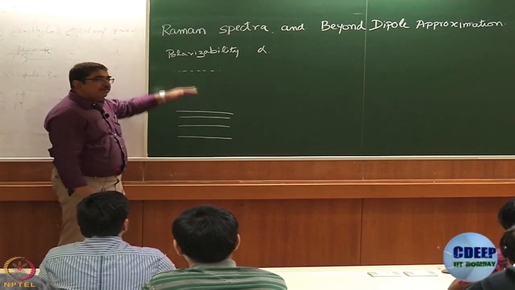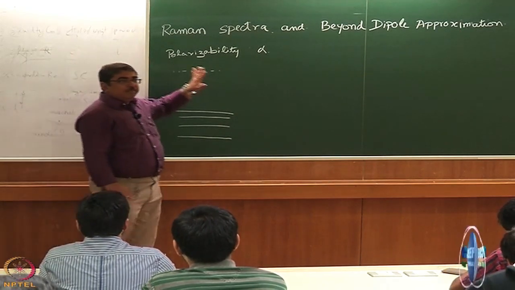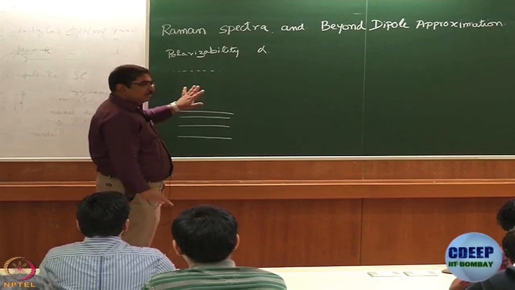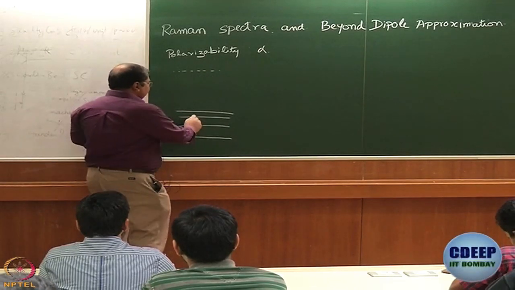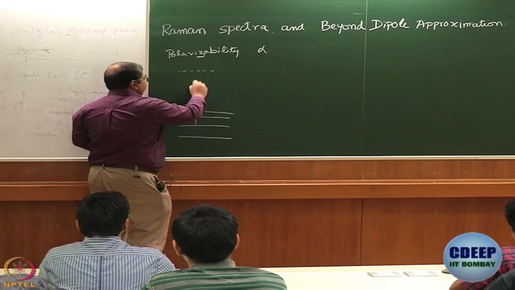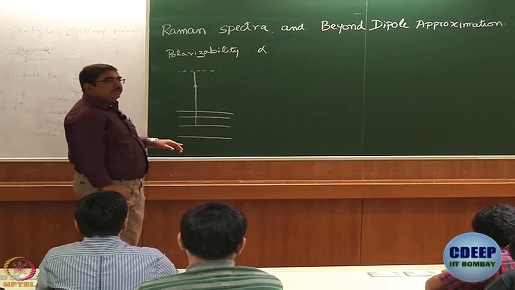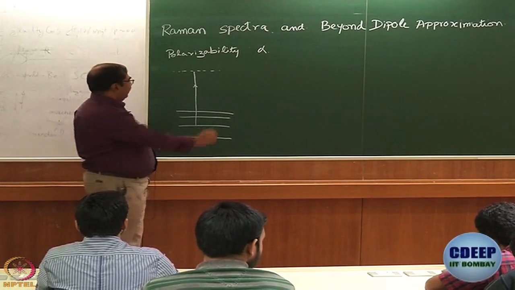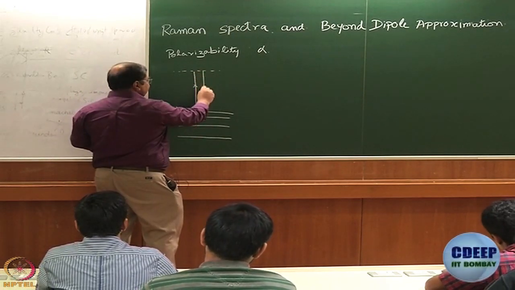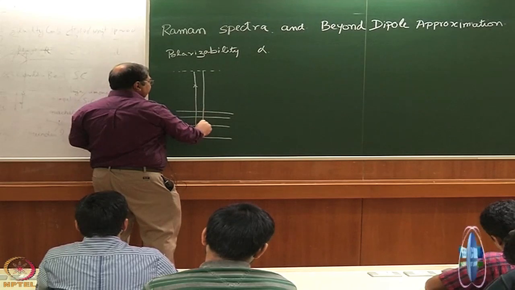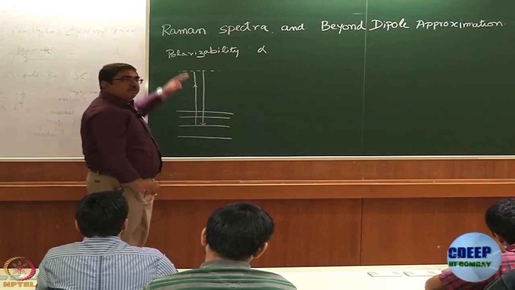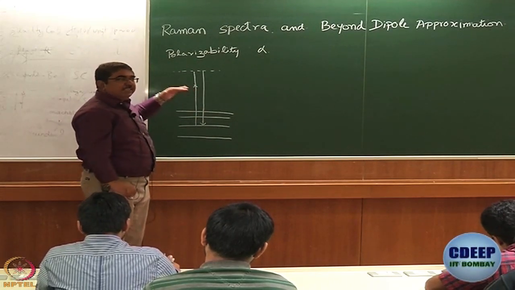So, it can be anywhere in between, which takes us to an important consequence which we will talk about in a few minutes. What we said is that in Raman spectroscopy we have a transition to a virtual state, and then when the system comes down, if it comes down to the same state, first of all it is called scattering. Why is it called scattering?